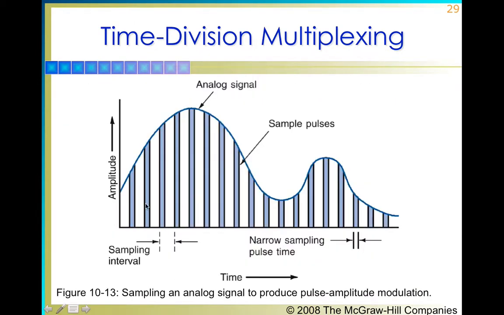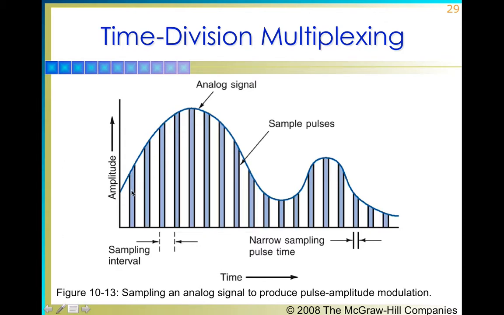What is being said over here is that we have an analog signal, and that analog signal is transformed into these rectangular pulses, and the transformation of this analog signal into these rectangular pulses is the first step for the time division multiplexing.